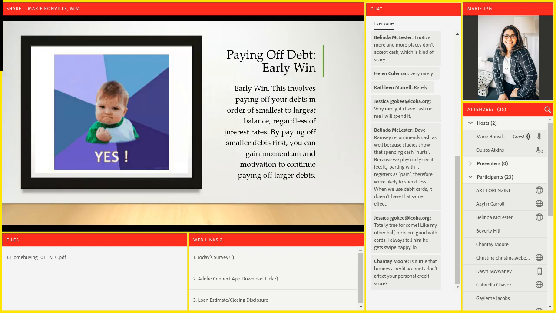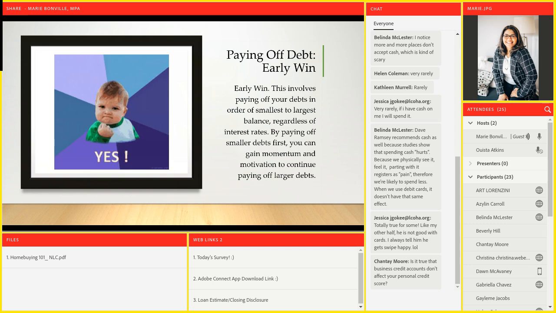So the one way is, and this is actually something that I think the Dave Ramsey model is on here as well. But this one says pay off. No, this is the Dave Ramsey model. This says pay everything off first, right? It says you've got these small credit cards with $200. Go ahead and pay that first. $500, get that early win. Feel good about paying things off regardless of the interest rate.